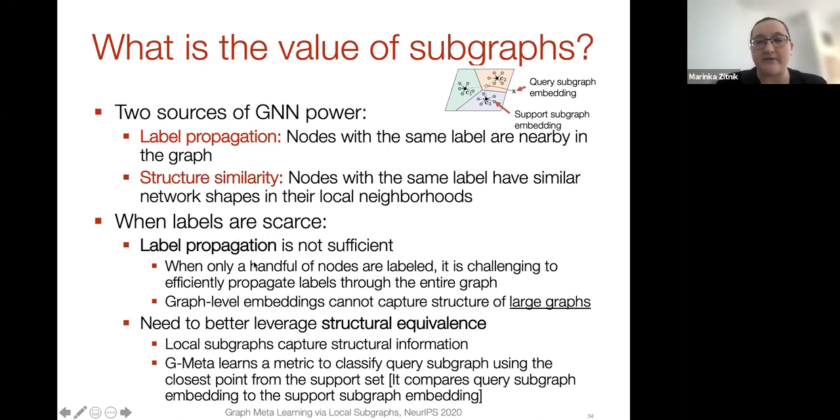Structural similarity is leveraged exactly through local subgraphs, because local subgraphs capture the local structure around each and every node. The similarity of that local structure is then compared across tasks instead of the similarity of labels, because labels are not shared across those different tasks.